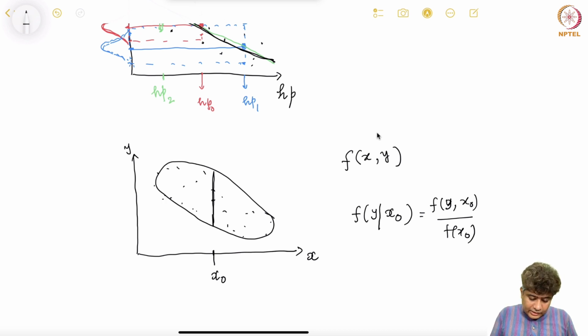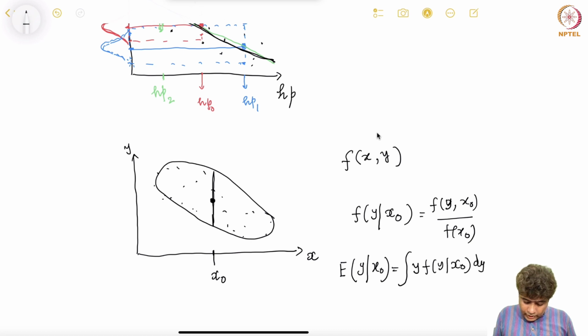And what would be the expected value of this? The expected value of y given x naught would be the integration of y f of y given x naught d of y.